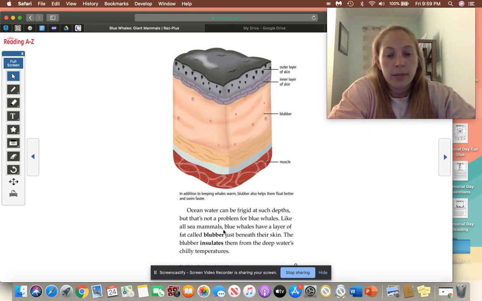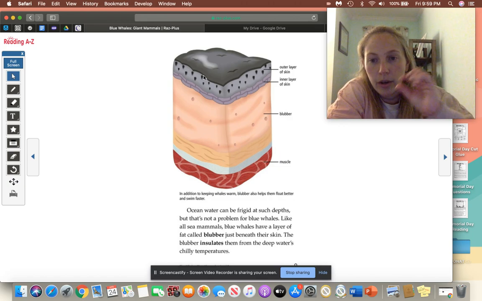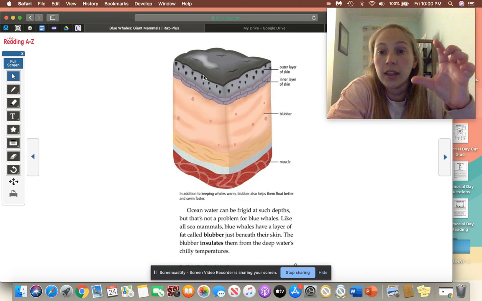Like all sea mammals, blue whales have a layer of fat called blubber just beneath their skin. The blubber insulates them from the deep water's chilly temperatures. So here we have an example of what the whale's skin layers look like.